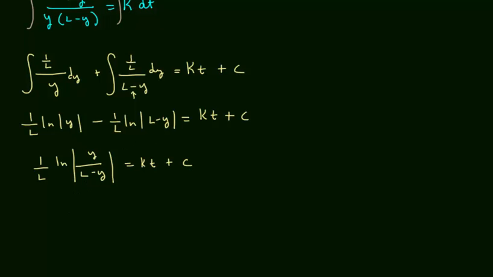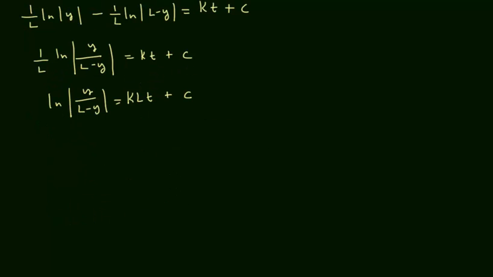And then I'm going to multiply both sides by L. So natural log absolute value equals big K L t plus c. I'm going to exponentiate both sides and get rid of the absolute value in the same step. So we have y over L minus y equals c star e to the K L t.